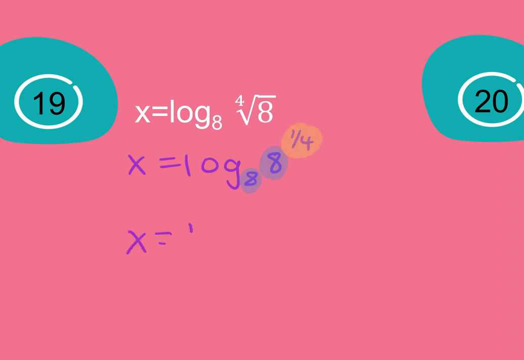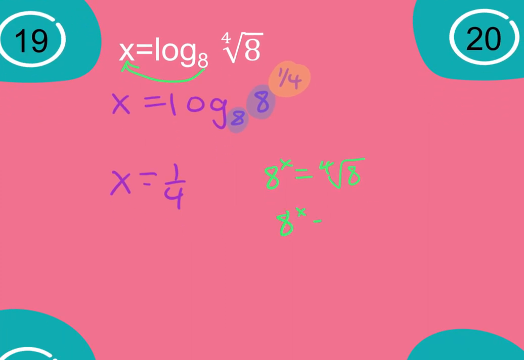So this would be x equals 1/4. That's the shortcut, if you could see it. If not, then I'm doing 8 to the x equals the 4th root of 8. So then 8 to the x equals 8 to the 1/4, and then the exponents are set equal to each other. So totally fine to do it either way.